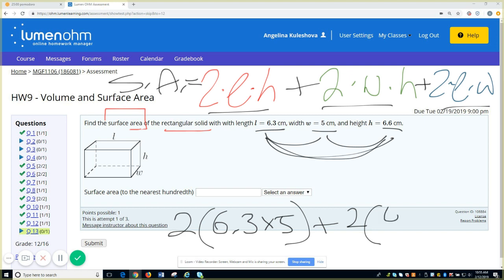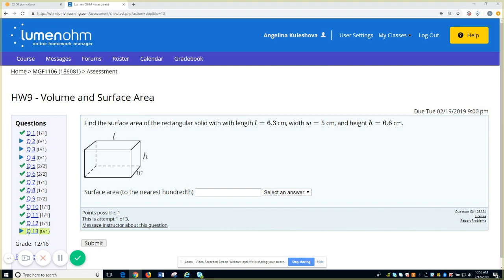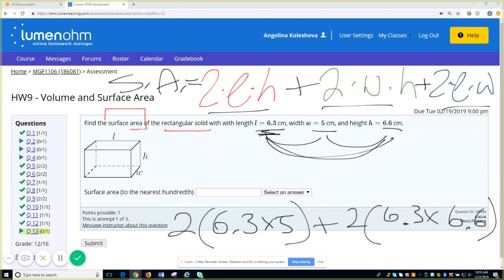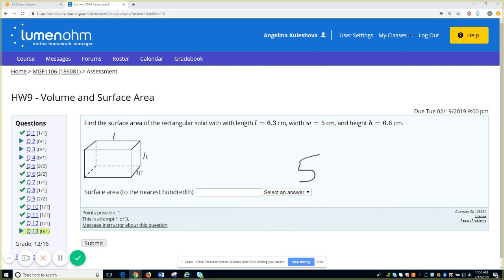Then 6.3 times 6.6 doubled. Out of room. And what else did we do? We did length by width and length by height. We need to do width by height. 5 by 6.6 doubled.